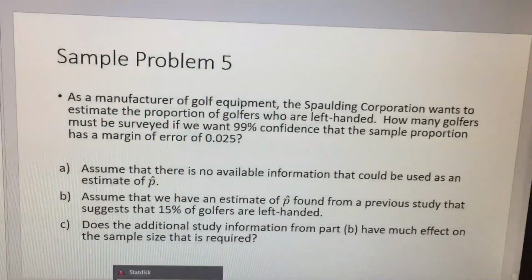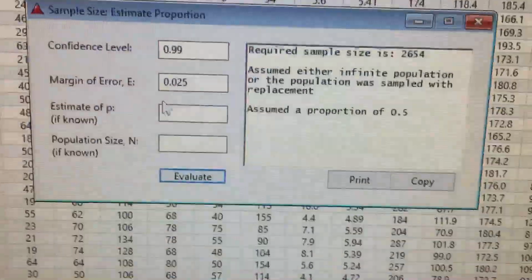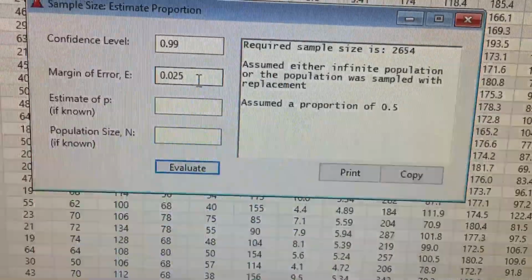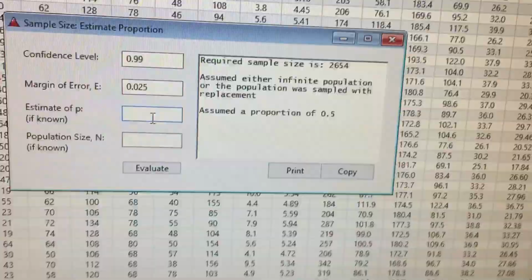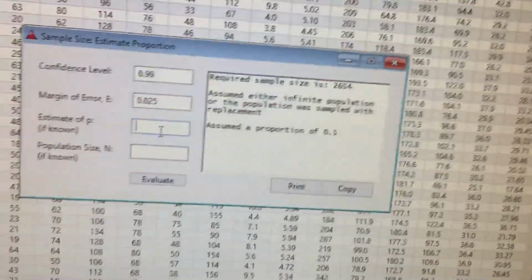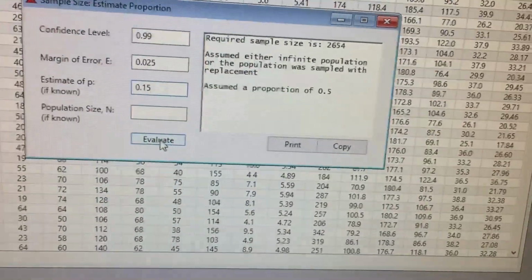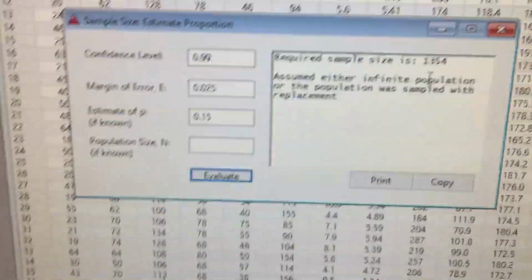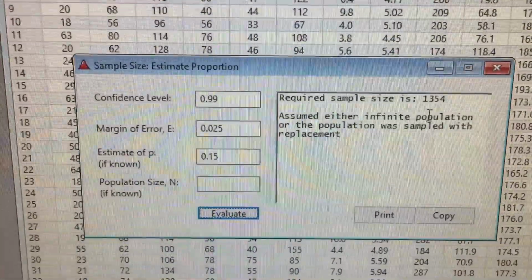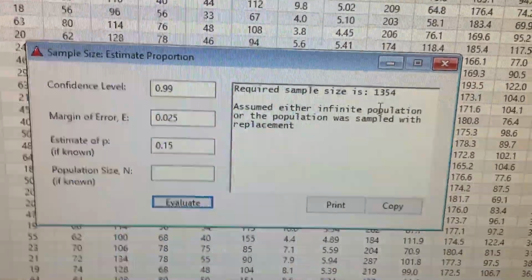So in this case here, we're still using the same 99% confidence level, the same margin of error of 0.025, but now we have an estimate of P. We can enter that in. 15% as a decimal will be 0.15. And then you're going to click Evaluate. And notice in this case, that sample size is smaller. It's now 1,354. Okay? 1,354.